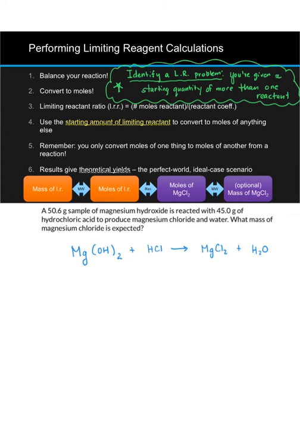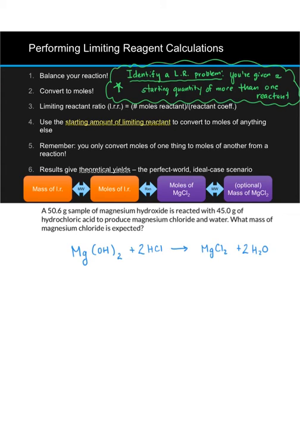To balance this equation, let's make sure that we have the same number of every atom of each type on both sides of our reaction arrow. We only have one chlorine on the left. We need 2 chlorines, though, to balance with the right-hand side. So I'll put a coefficient of 2 right here. This gives us a total of 1, 2, 3, 4 H's. We only have 2 H's on the right-hand side. So I'll use a coefficient of 2 over on the right-hand side.